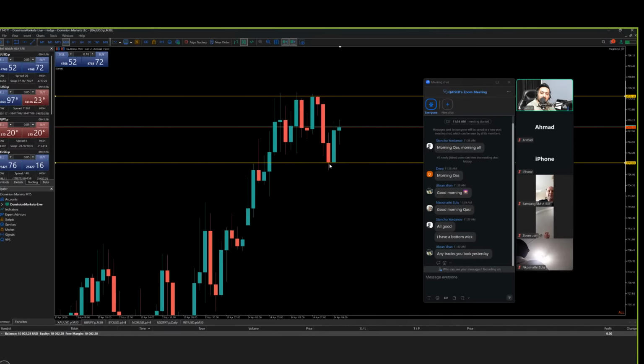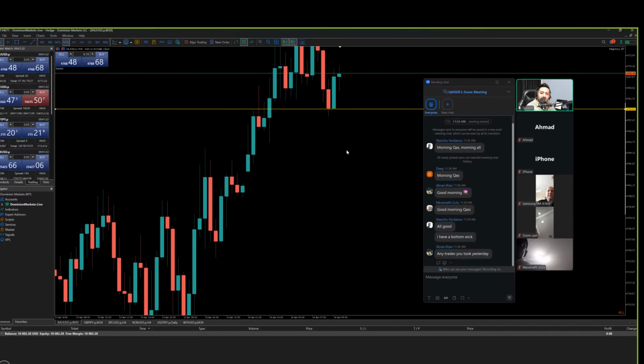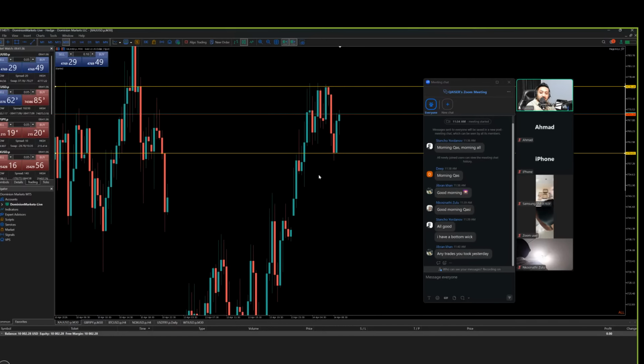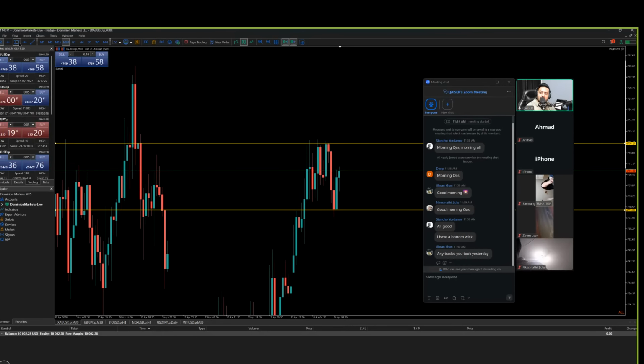I'm going to take this current support area, because if I wanted to take a sell here, I'm going to face a rejection on the left hand side. For sells, we need to depend on volume to go through the rejections on the left hand side. So this makes sense: this is a support I'm having, and this is a resistance on the left hand side.